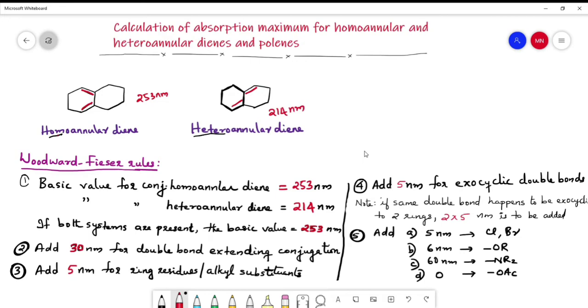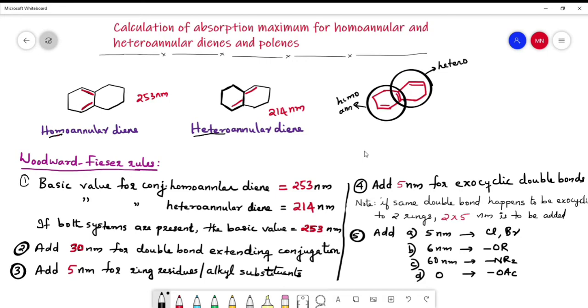Now suppose you have a system in which both homoannular and heteroannular components are there. Suppose this is a system. Here you can have both. This portion is homoannular, and if you consider this other portion, this is heteroannular.